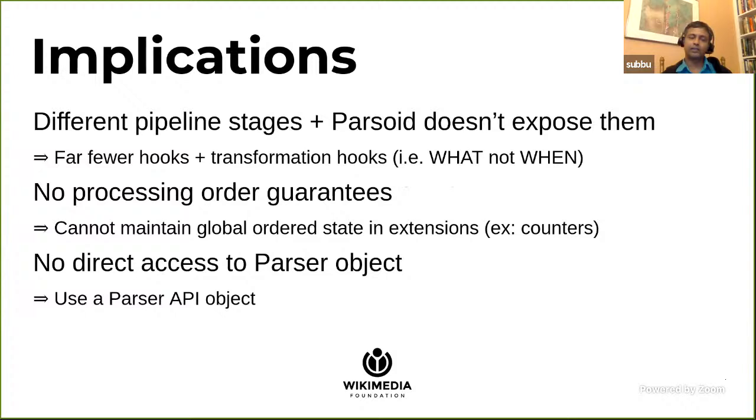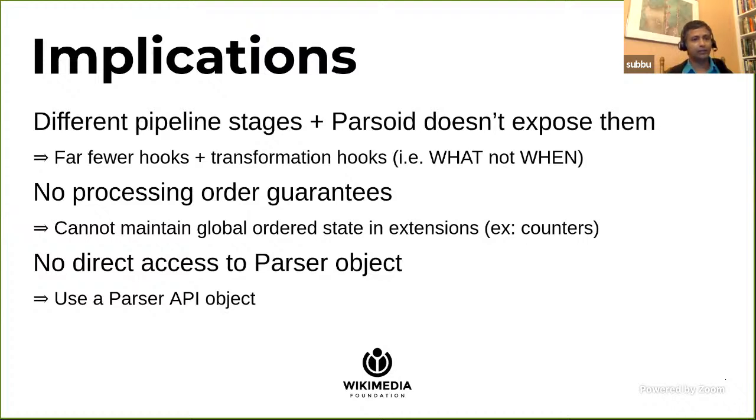So what does all this mean then? Given that there are very different pipeline stages, and given that Parsoid does not expose them, as it turns out, we actually have far fewer hooks than the core parser. And secondly, even the hooks that are exposed are not event hooks. They are not parsing event hooks. They are more transformation hooks. That is, you need to think about what you need to transform, not about when you need to transform something.